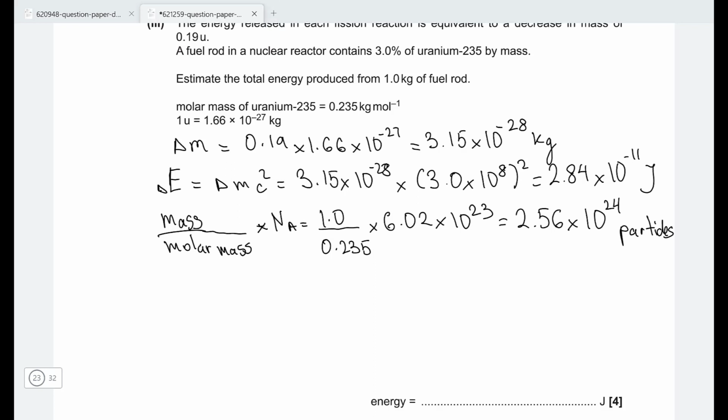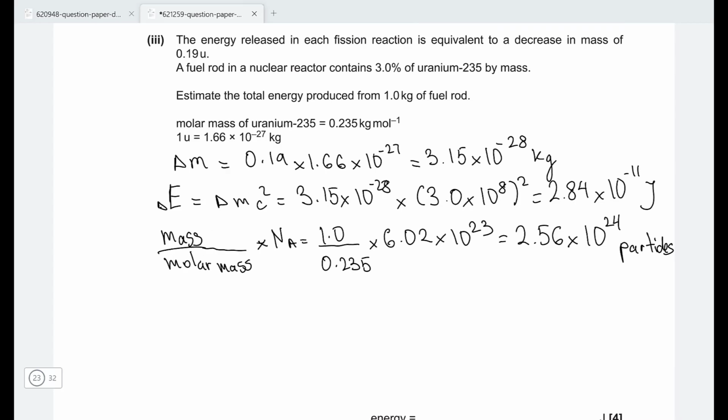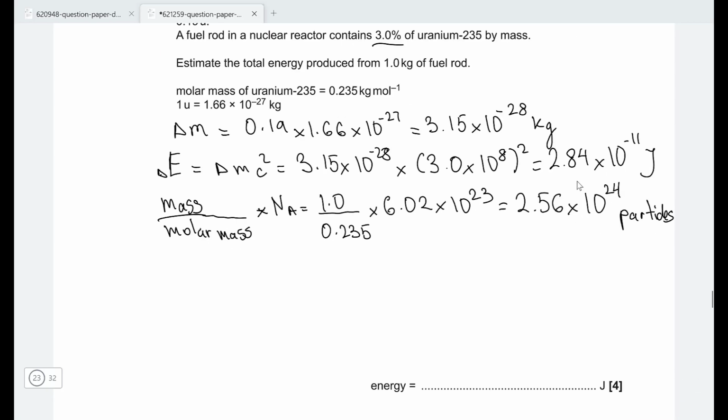Now we are ready to multiply. However, there's a catch in this question. A fuel rod in a nuclear reactor contains only 3% of uranium-235. So we have this many particles, and each of them is producing this much energy. In order to estimate the total energy output, first off, it's going to be only 3% of that.